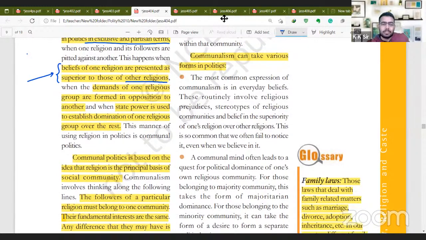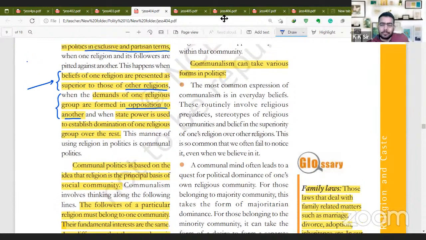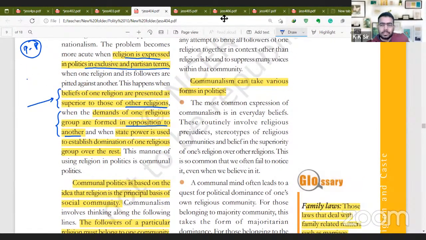So when the demands of one religious group are formed in opposition to another. जनरली क्या होता है, what is being projected that if Muslims will get job, Hindus will not get that job. अभी क्या इकोनॉमिक बाइकआउट ऑफ मुस्लिम्स, इनको दुकान मत चलाने दो, इनको शॉप मत चलाने दो, इनको वेंडिंग मत करने दो.